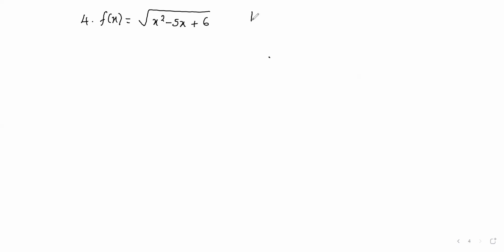So we first check the discriminant. Remember, the discriminant is b squared minus 4ac. So you get 5 squared minus 4 by 1 by 6. So this will be 25 minus 24, which is equal to 1. So the discriminant is positive, meaning that we're getting real values of x.